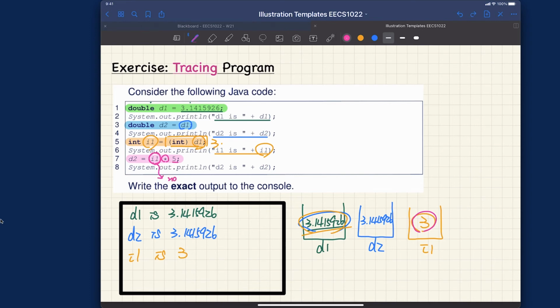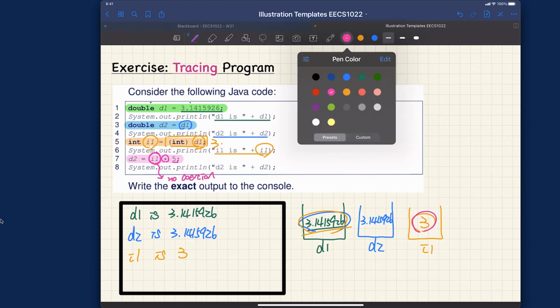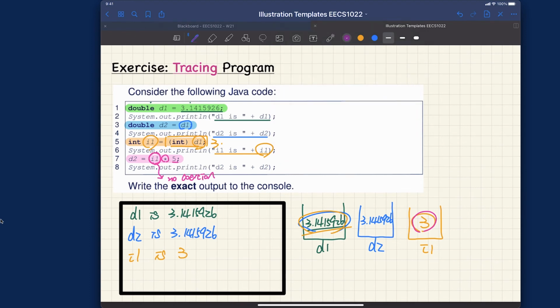However, coercion happens next. Let me use another color over here. How about purple? Here you can see we simply got 3 times 5, which is 15. But D2, remember, was declared to be a double. If you want to store an integer into a double variable, and D2 here is a double variable, there will be coercion.